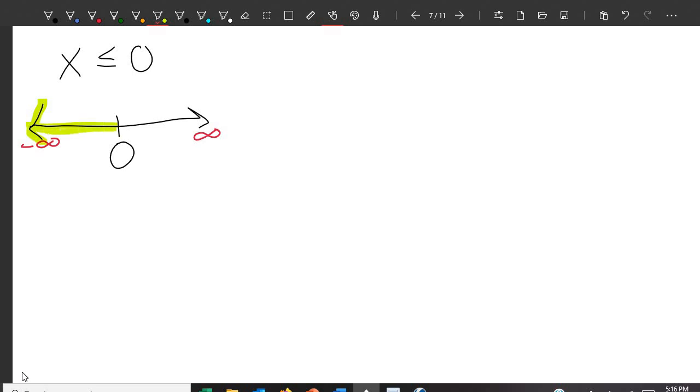Since it's less than or equal to, this is one that would have the closed circle. But now remember, the closed circle is represented by a bracket. Alright, so bring down the negative infinity symbol, bring down the 0. Negative infinity has a parentheses, 0 has a bracket.